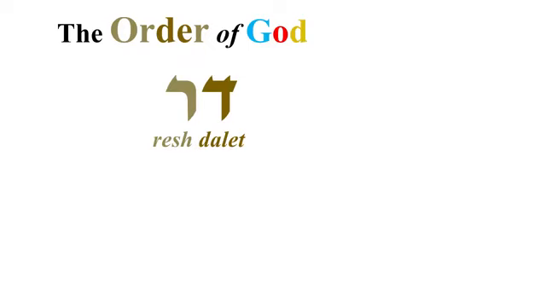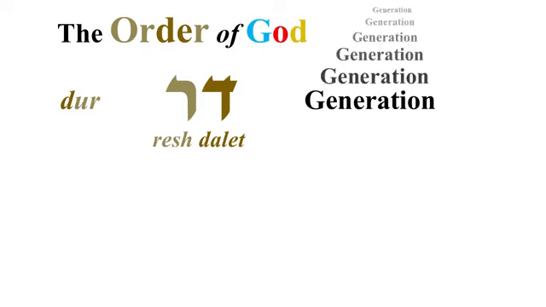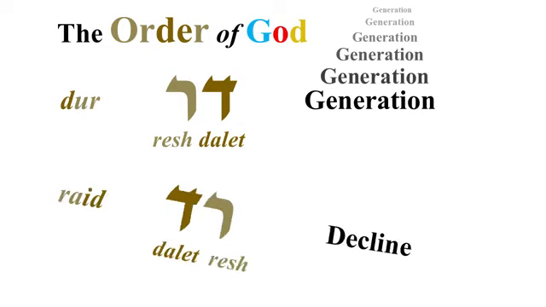Okay? But this word generation begins with a dalet and then ends with a resh. And then you get generations, right? If you switch those two letters and do resh dalet, this is the word raid.